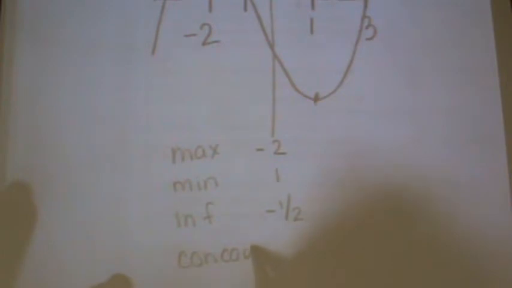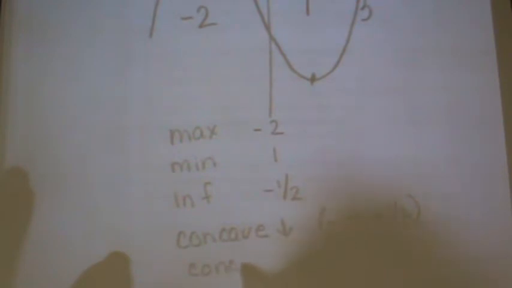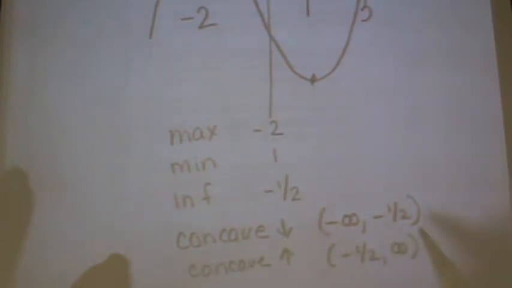Concave down would be -infinity to -1/2. It's concave up from -1/2 to infinity. Does everyone understand that? So right here, it's concave up, concave down.